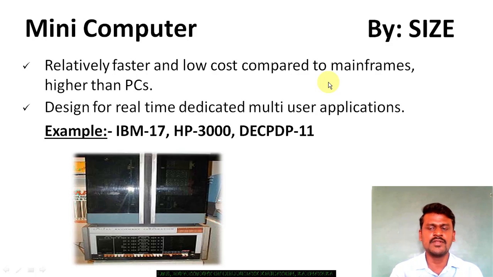Mainframes will come in the next section, so don't worry about them. Those are somewhat higher versions of computers, higher than PCs, but minicomputers are relatively faster and less costly as compared to mainframes. Next, they are designed for real-time dedicated multi-user applications.